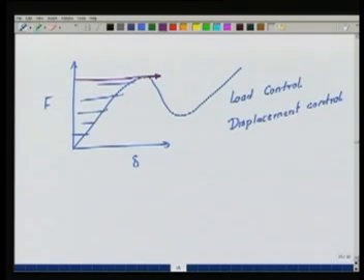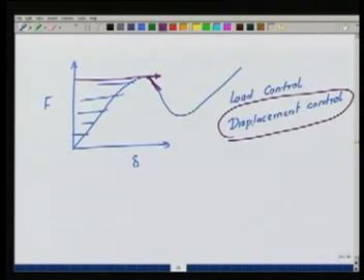Okay, so I have to do something in order to come to this part of the solution, where I go to this displacement control, or we'll use the so-called continuation methods which are available in the literature.